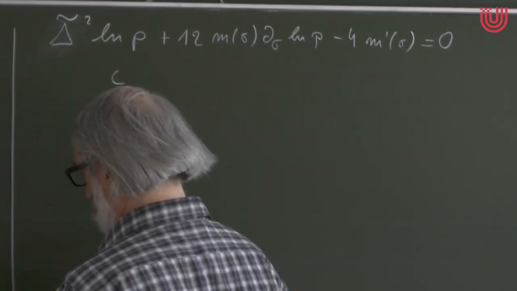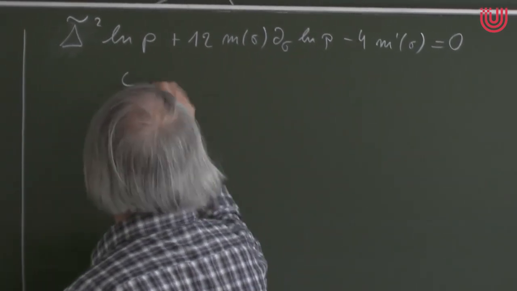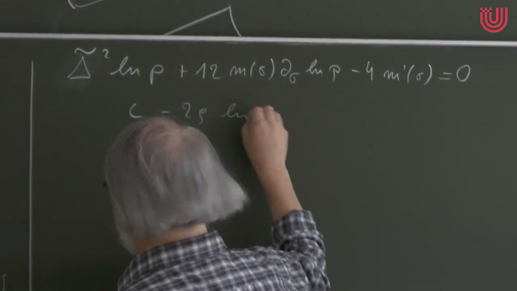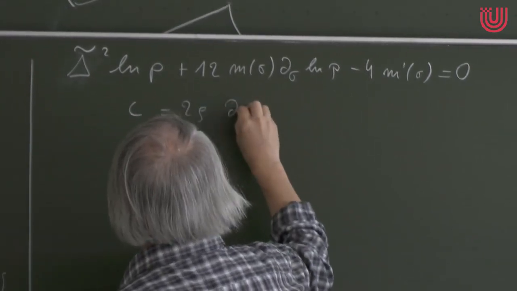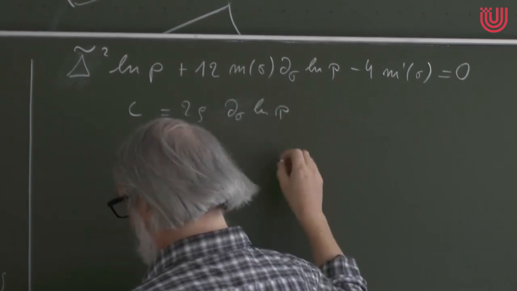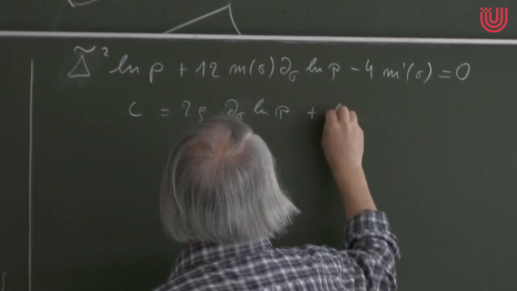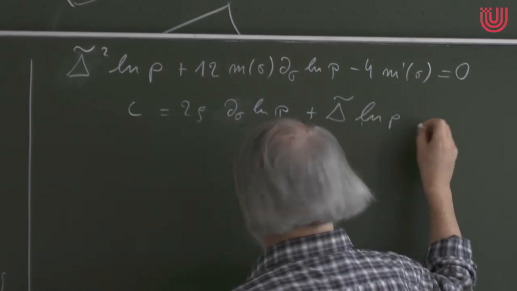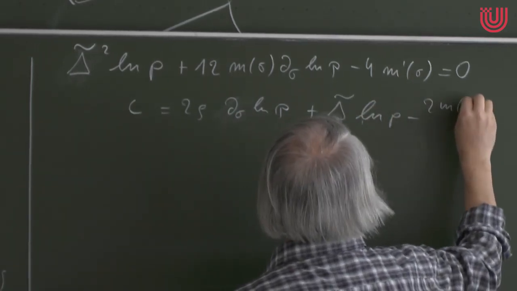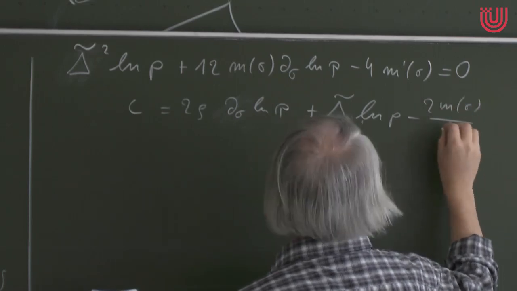C is then given in terms of P. C is 2 rho d by d sigma ln P plus del tilde ln P minus 2m of sigma over rho.